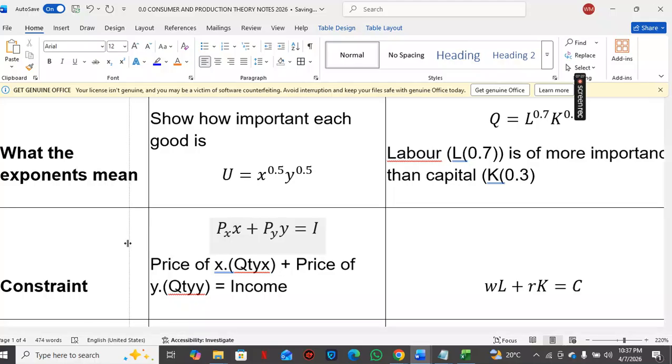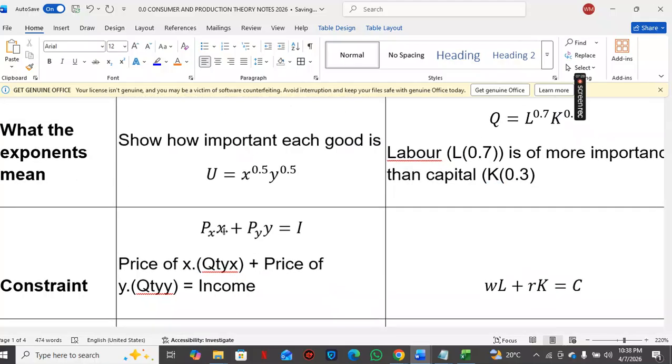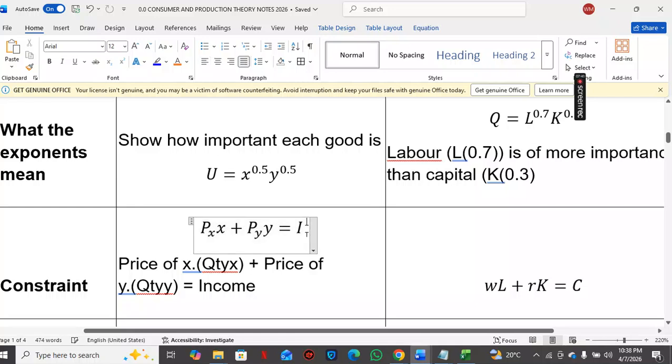Just for example, if you go to ShopRite and let's say you have a budget of 100 kwacha and you only want to buy sugar and tea. Your I is going to be 100 kwacha, that's your income. PX is going to be the price of sugar.